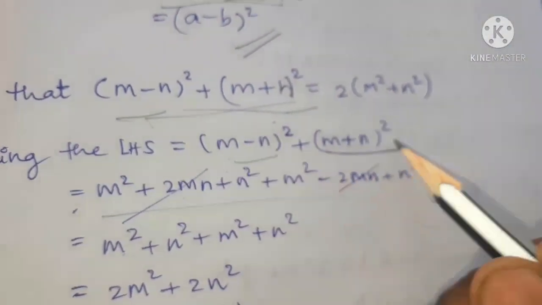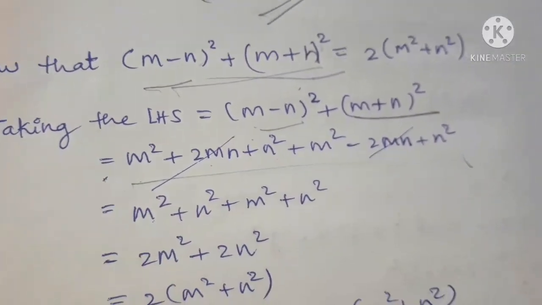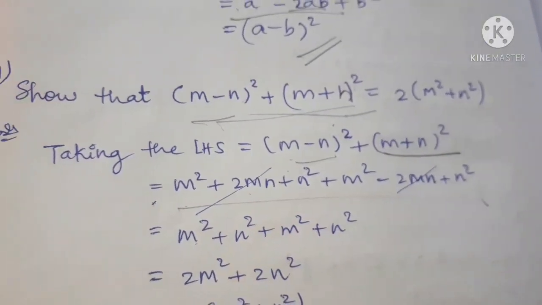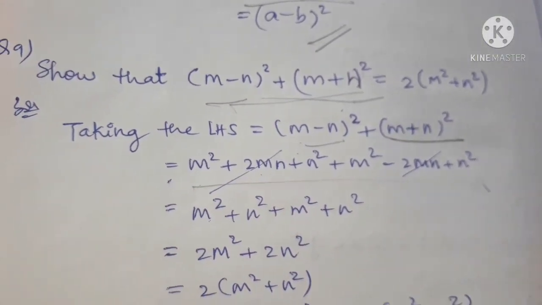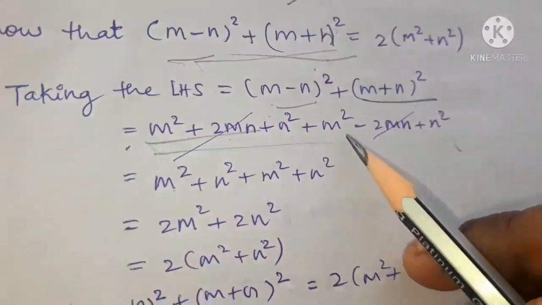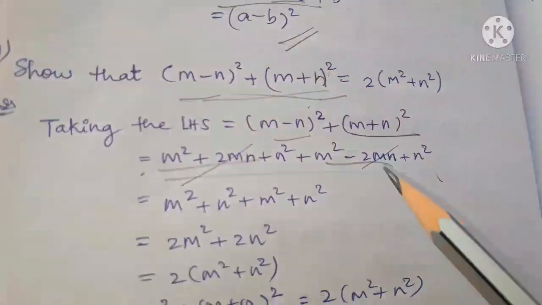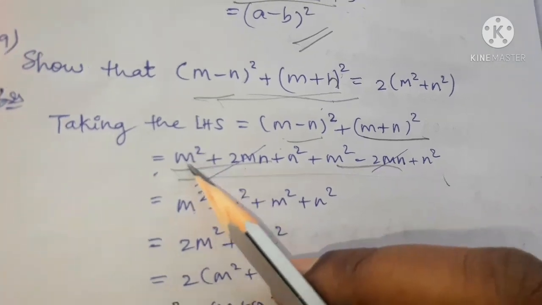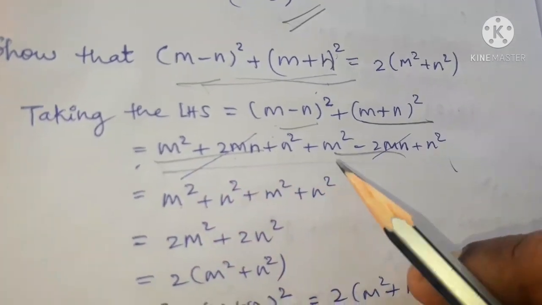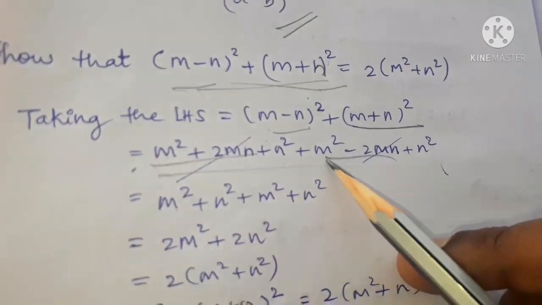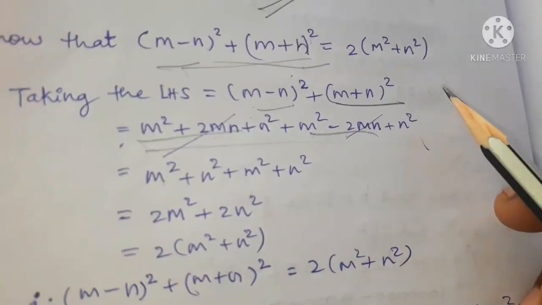I have just changed this: m plus n I brought in the front and m minus n I brought to the back. So I have expanded the formulas, which is m square plus 2mn plus n square plus m square minus 2mn plus n square.